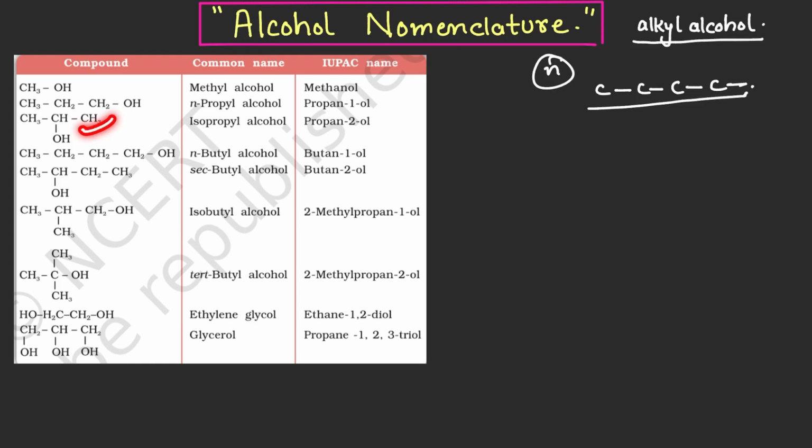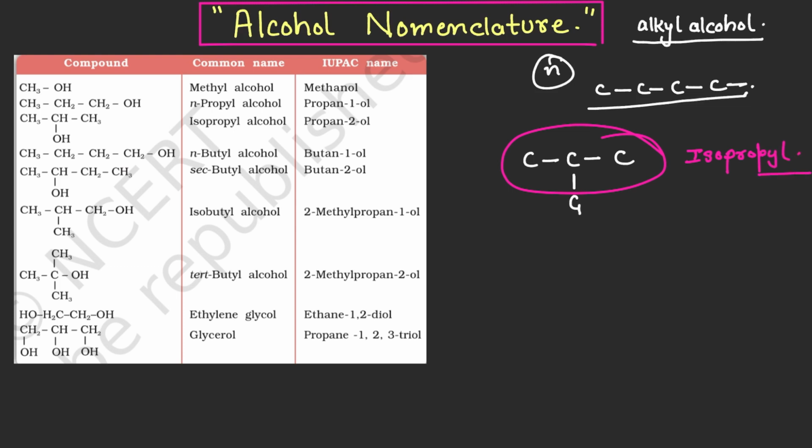Next compound is this one, and for this compound I will write isopropyl alcohol. Prop is because 1, 2, 3 are there, so propyl alcohol. Why is this iso here? Very important thing: whenever you have 3 carbons and from the center there is a functional group attached, this arrangement is known as isopropyl. Always remember this. So for this arrangement we have used isopropyl alcohol.